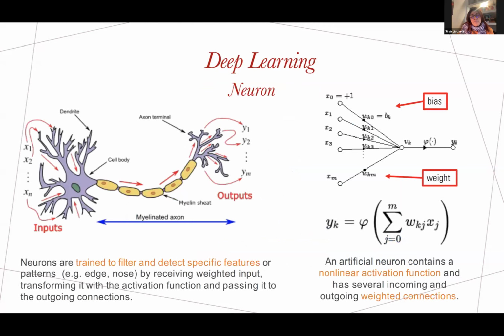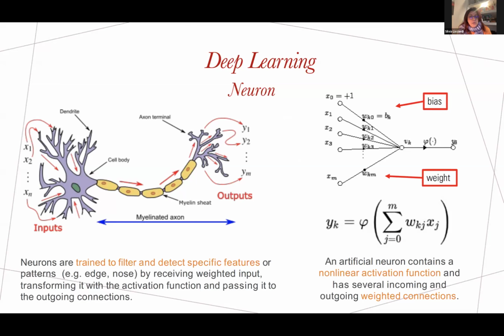Okay. In this slide you can see a typical neuron of our brain, our human system, in which you see that a neuron receives inputs according to the biological system, transforms the inputs into outputs, and these outputs become the inputs of the next layer, and so on. In a mathematical way, like we introduced, x_j are our inputs.